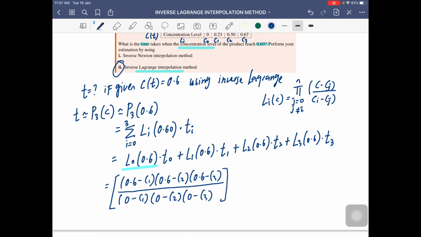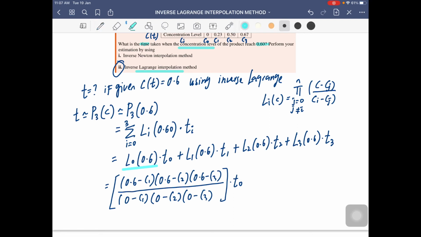Okay, and then I must multiply here with my T naught. Never mind, I will plug in later. Okay, times my T naught.